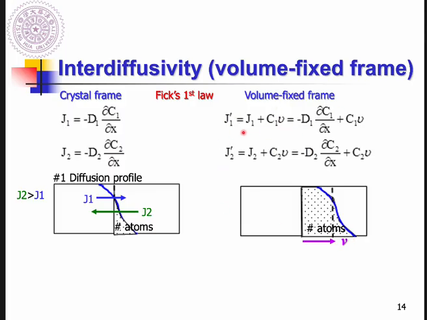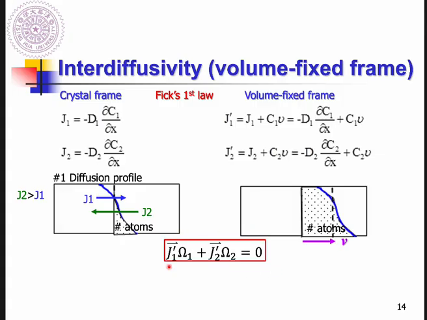And this is how we modify the flux, because we stand outside this material at the lab coordinate. So we write down J1 plus C1V, and the other is J2 plus C2V. As we mentioned, the total volume should be fixed. So J1 prime, the total volume moved to the right-hand side, should equal the total volume moved to the left-hand side.